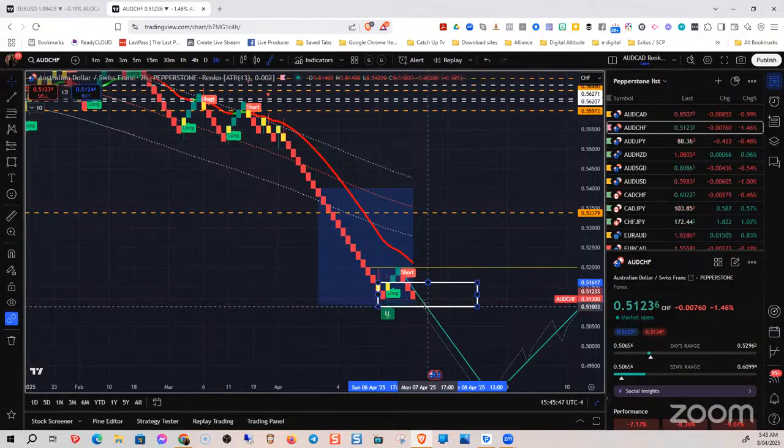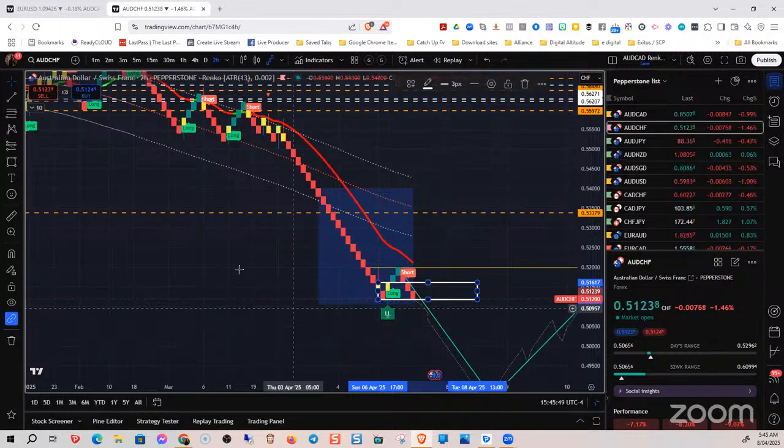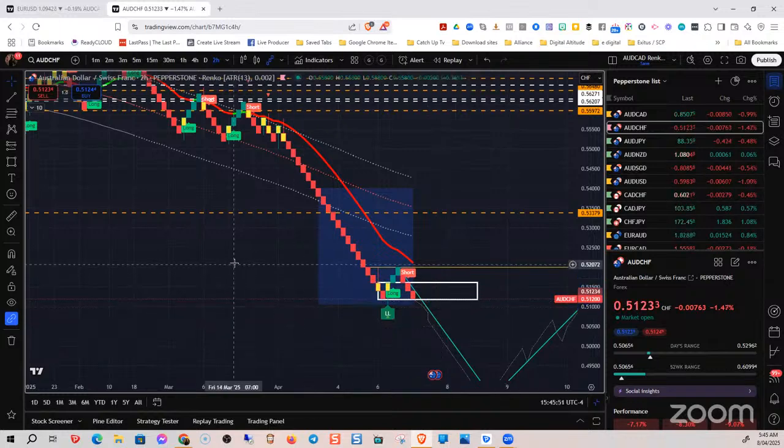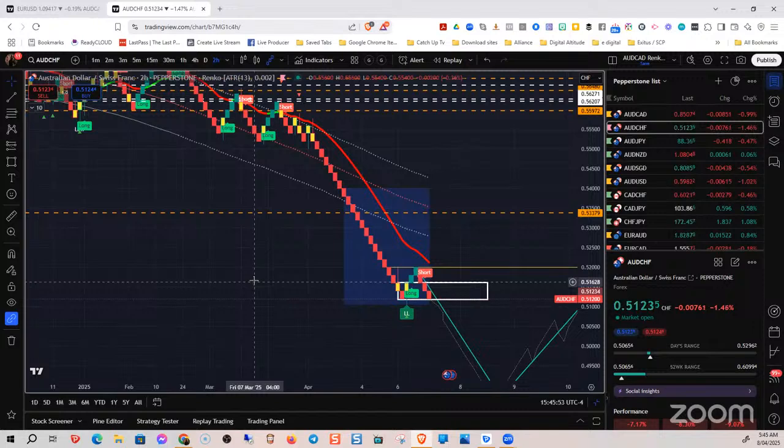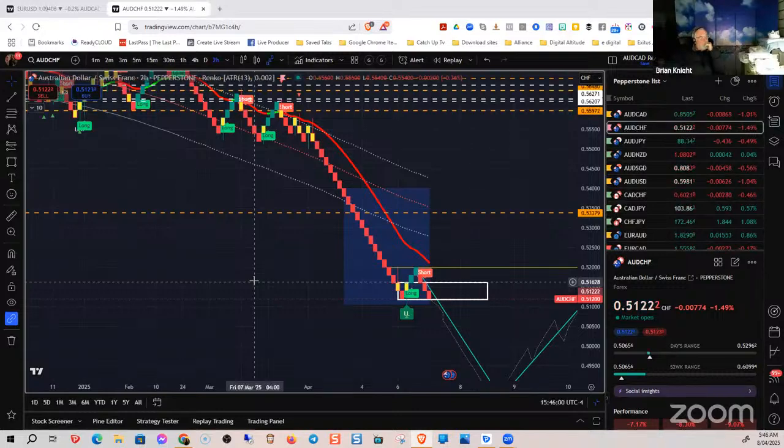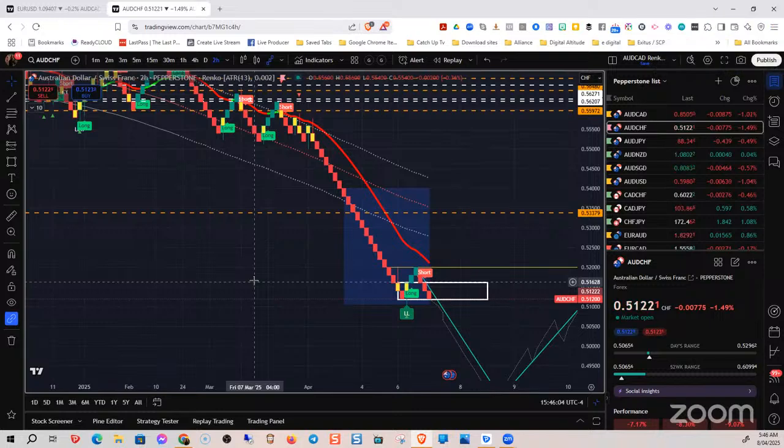Now, no matter what, don't take a trade unless that trend line is above that red wick, and the trend line has changed color, and you got a long.